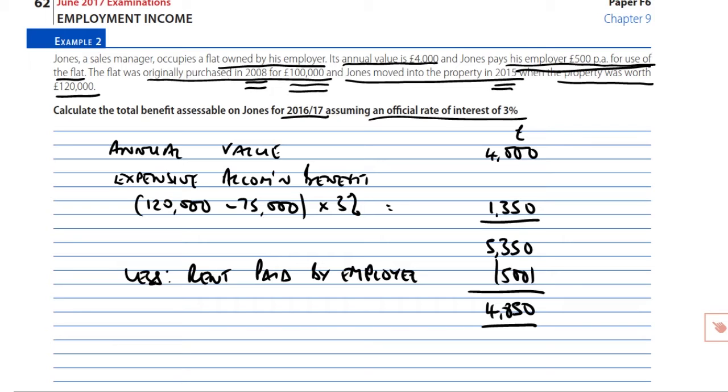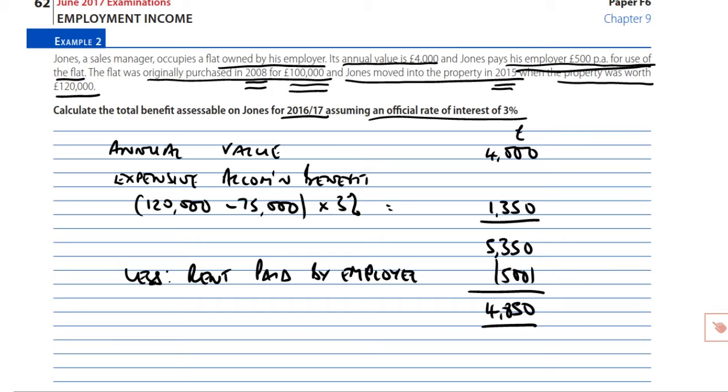£4,850. Now, if a company is providing company accommodation for the benefit of the employee there, then not only might the benefit extend to the provision of the accommodation itself, but it's also quite likely that the accommodation may be furnished, so there are furnishings and furniture made available there.